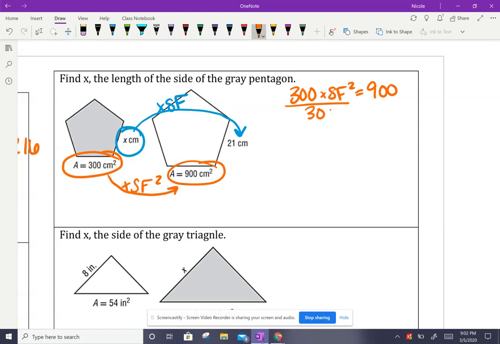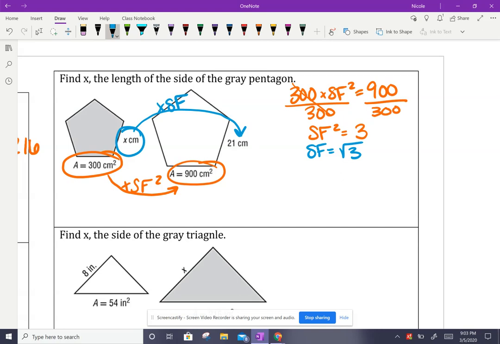I'm going to divide both sides by 300. These cancel out. You get scale factor squared is 3. So thinking about just scale factor by itself, then scale factor is root 3 because you square root both sides. Please remember to square root both sides.